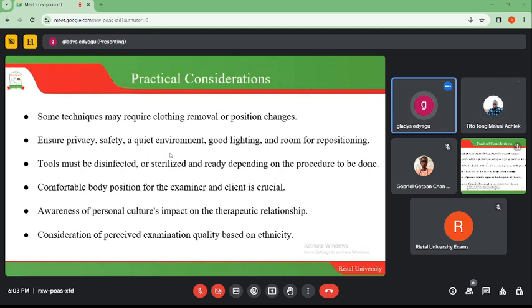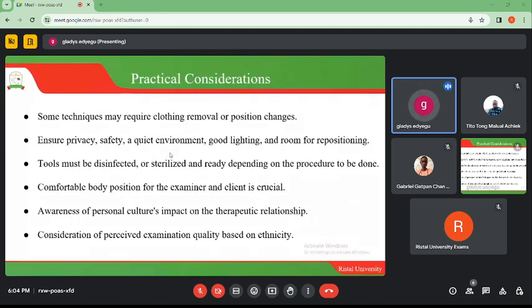So basically, we are going to use these tools that you've mentioned, and as you're using these tools, some of them can be tools that we are going to insert on different areas of the patient or different sides of the patient, and they must be disinfected. Some of them have to be sterilized and ready depending on the procedure that you're going to do on the patient.